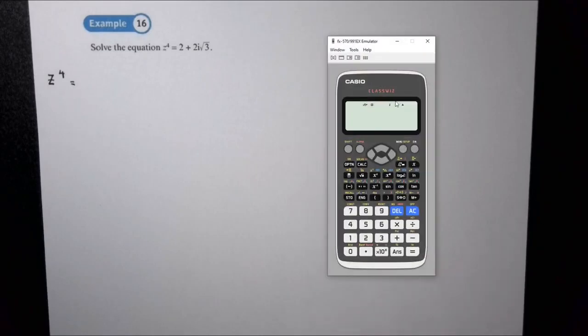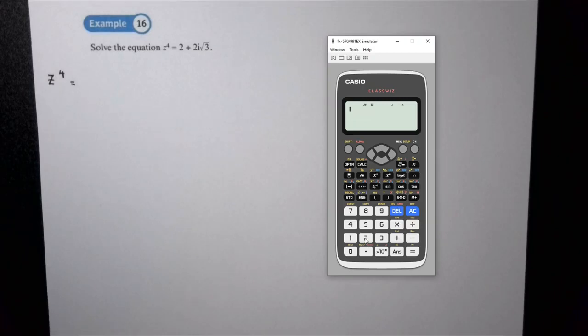Now on your calculator, if you change the complex settings, so press shift and menu and then scroll down to the complex settings, and if you choose option 2, r is the modulus, theta is the argument, so let's choose that.